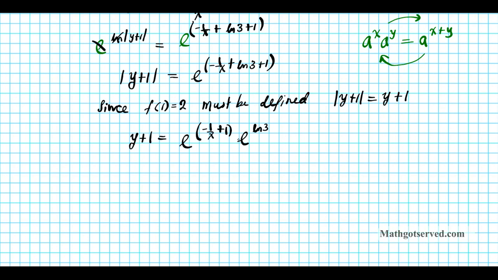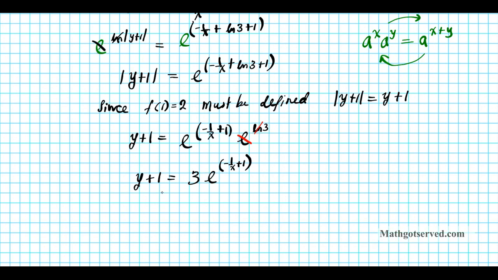So what is e to the ln 3? These are inverse operations. e and ln cancel each other out. So you're going to have y plus 1 equals 3 e to the negative 1 over x plus 1.